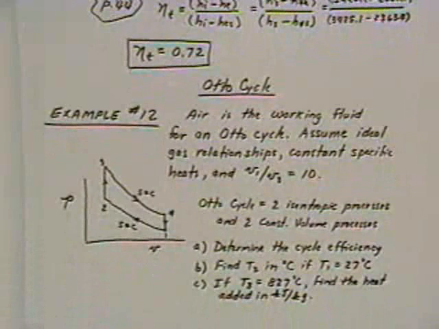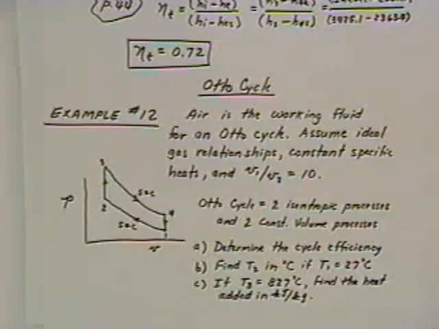What we'd like to do now is determine the cycle efficiency, and then using the ideal gas and specific heat relationships, we want to find temperature T2 after the isentropic compression, and then we'd also like to determine how much heat is added from state 2 to state 3 if state 3 is at a temperature of 827 degrees centigrade.